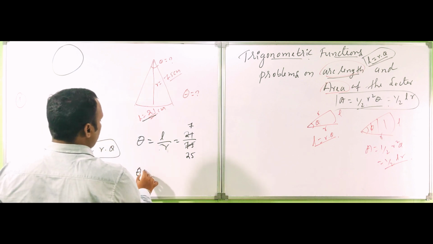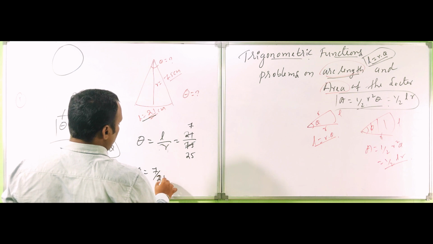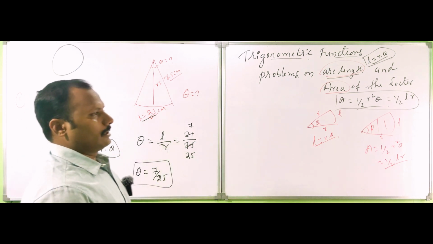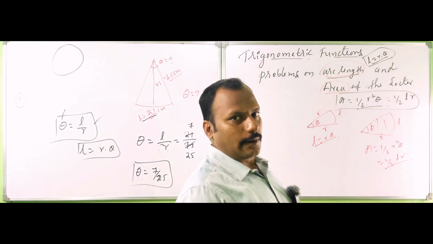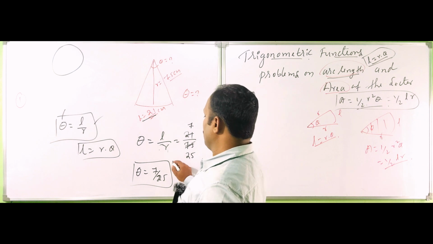So theta becomes 7 by 25. Because of this definition, this formula holds good only in radian measure, so automatically this will be in radian.